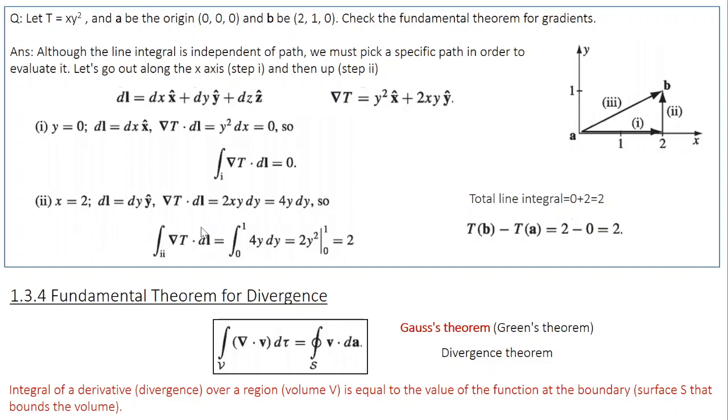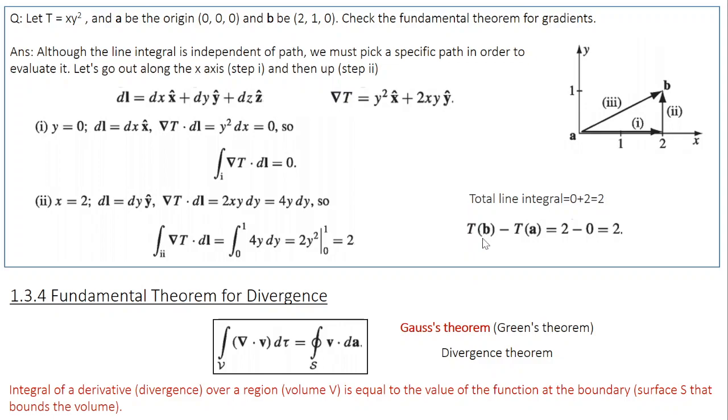You need to calculate the line integral of this function, with limits from y equal to 0 to y equal to 1. If you compute this integral, it is equal to 2. So the total line integral is the line integral over path 1, that is 0, plus the line integral over path 2, that is 2. So the total value is 2.